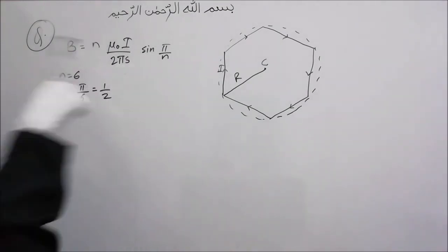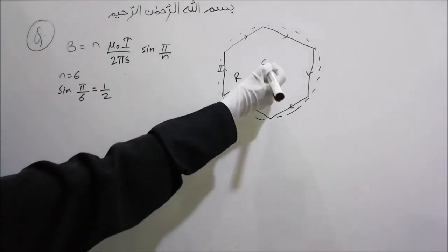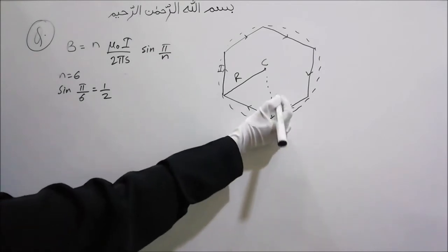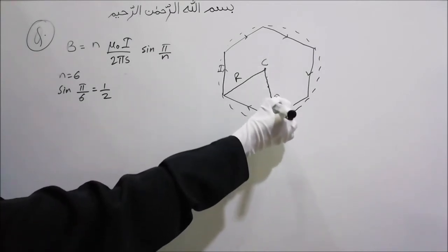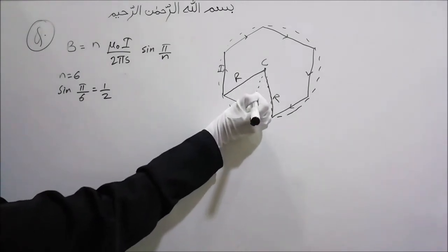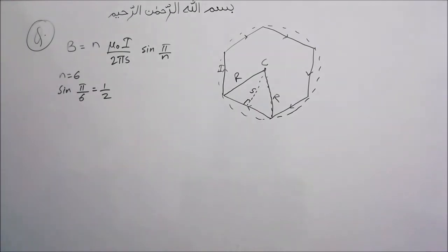Now we have to find the value of S. So this distance from center to here is R. The distance from here to here is also R. So this is also the radius, which is R. S is this distance. We have to find this distance.